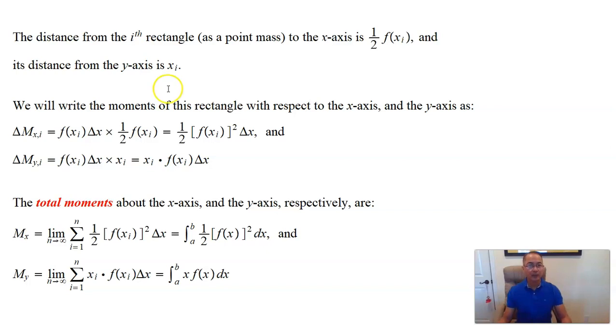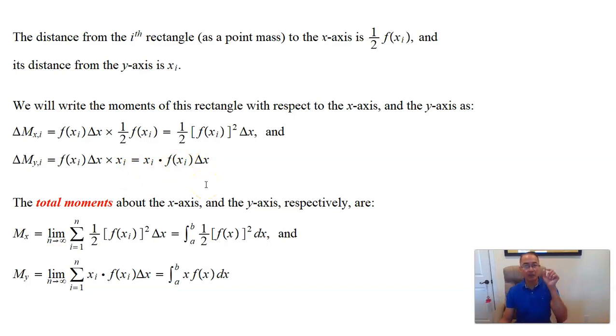Okay, so now we are ready to compute each moment, one with respect to the x-axis, one with respect to the y-axis. So the weight of the ith subrectangle is f of x_i delta x, its area. So that's what's in both of these formulas. The distance from the x-axis, we said, is 1/2 f of x_i. The distance from the y-axis is x_i. Okay. So multiply and simplify, we see an f of x_i squared delta x with a 1/2, and we simply see an x_i times f of x_i delta x.